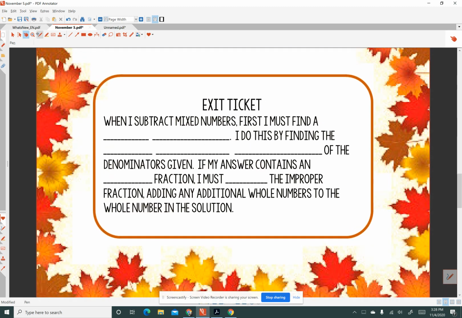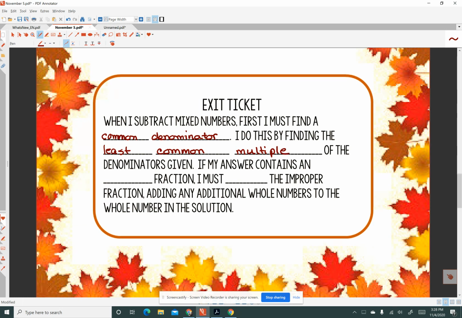And let's work with this. When I subtract mixed numbers, first I must find a common denominator. I do this by finding the least common multiple of the denominators given.